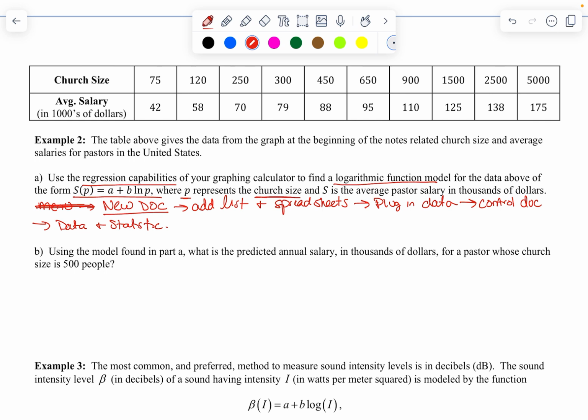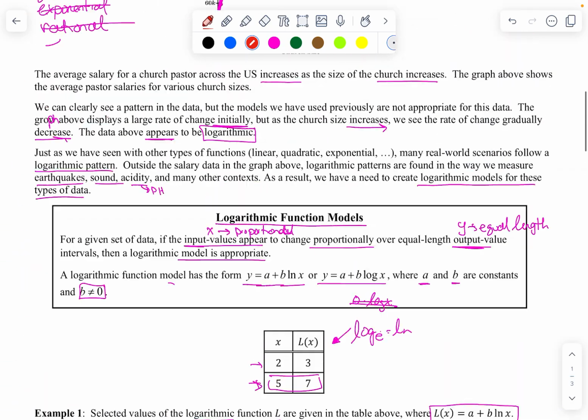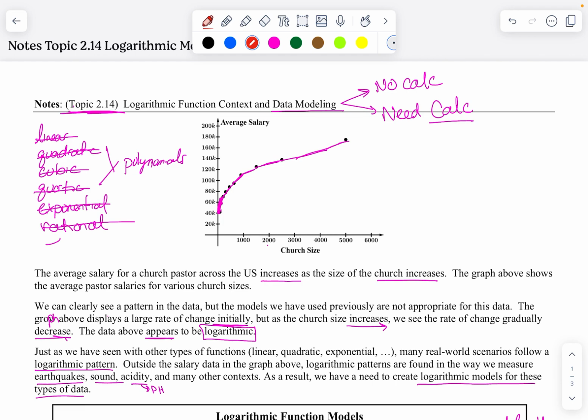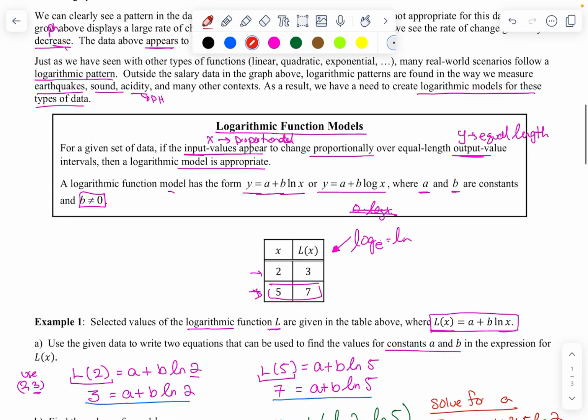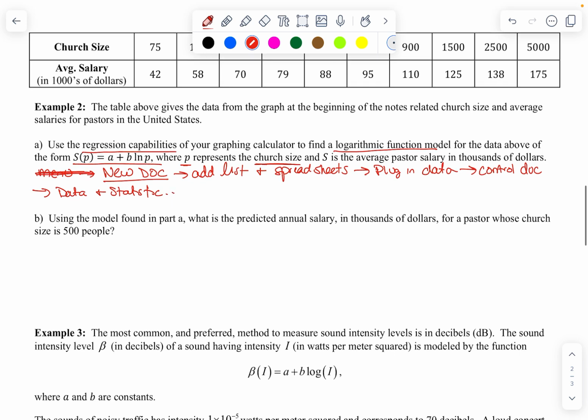You're going to click to add the variable for the x-axis, and that's going to be my p values. And you're going to click to add the variable for the y-axis, which is going to be the s data points. And then once you graph it, you end up with the same graph that we had right here, okay? So add the variables to x and y.